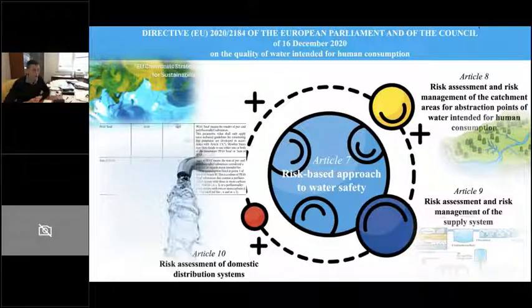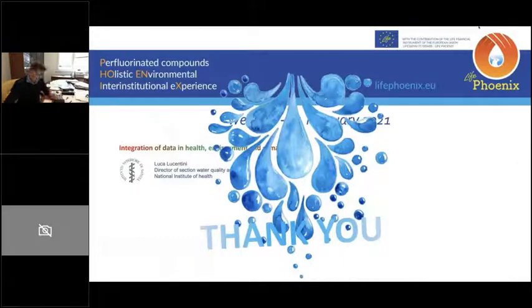So we should be sure that these chemicals are sustainable for life, and to do this, we should be very ambitious, like the EU chemical strategy wants to do. So thank you for your attention.